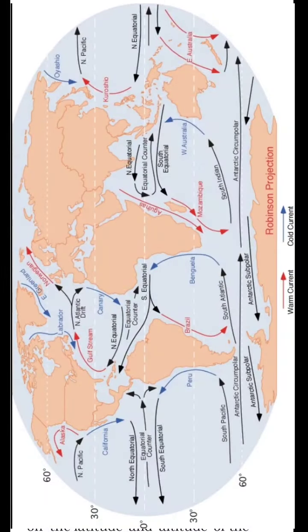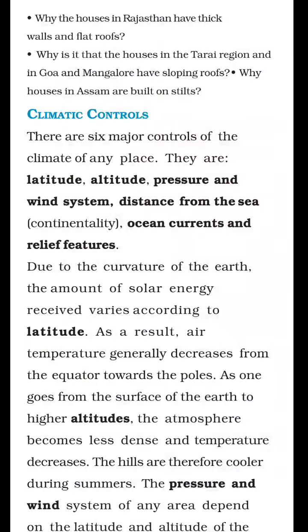But when water from the polar zone or frigid zone circulates to other parts of the world, it is cool and cold. This affects the local areas or coastal belts of any area. Last is relief, that is the features of the earth's landform.